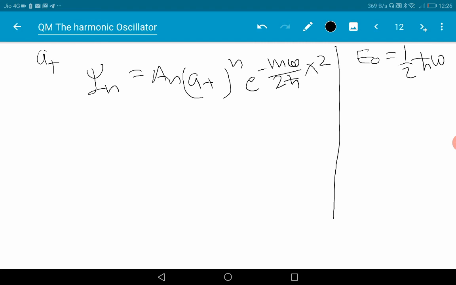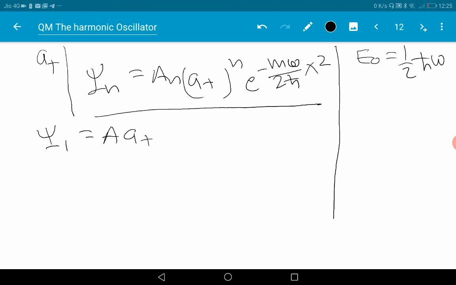This is kind of a generator: you put the value of n, and since we know psi naught, if you put n equal to 1 you get psi 1, similarly psi 2, psi 3, psi 4, and all the next steps. We'll calculate psi 1 right now. So psi 1 is a plus times e to the power minus m omega by 2h cross x square.